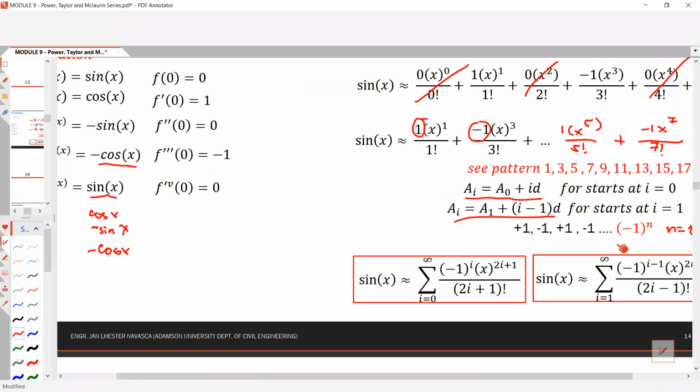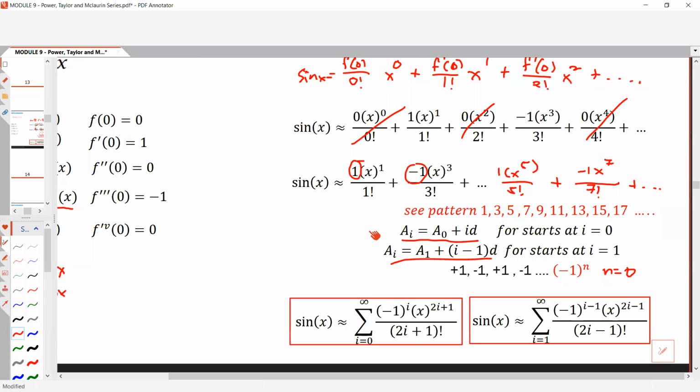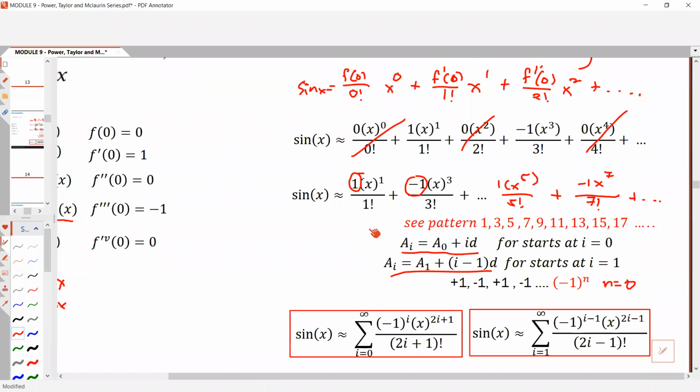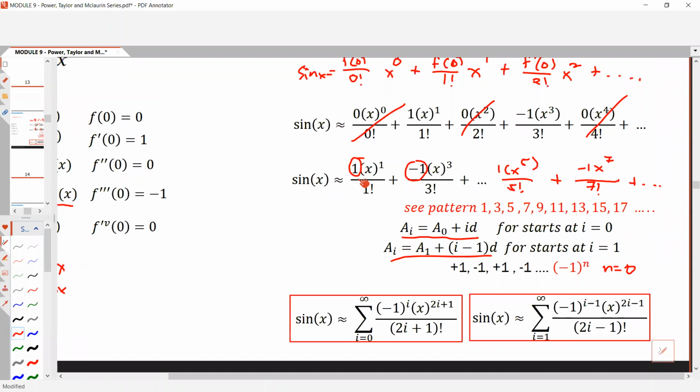So now we can solve it. We can write it because we already have a pattern. The 1, negative 1, 1, negative 1, we can write as negative 1 raised to n or negative 1 raised to i. Then the powers of x and the factorial follow the pattern 1, 3, 5, 7, 9.